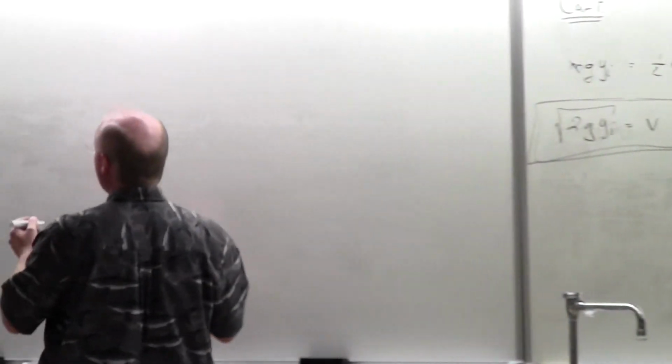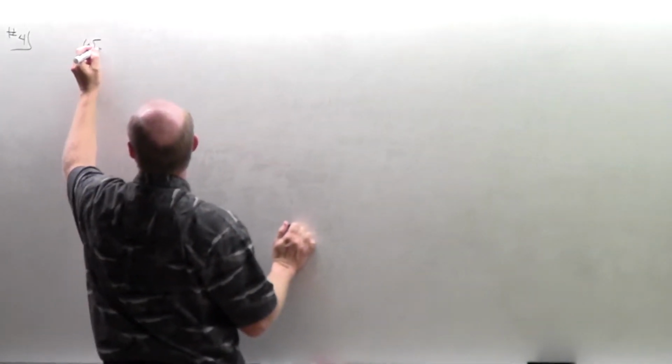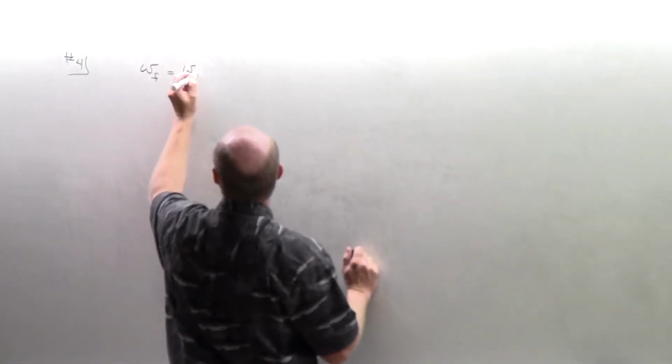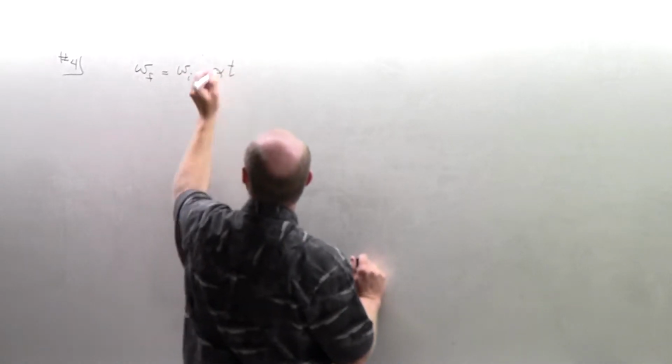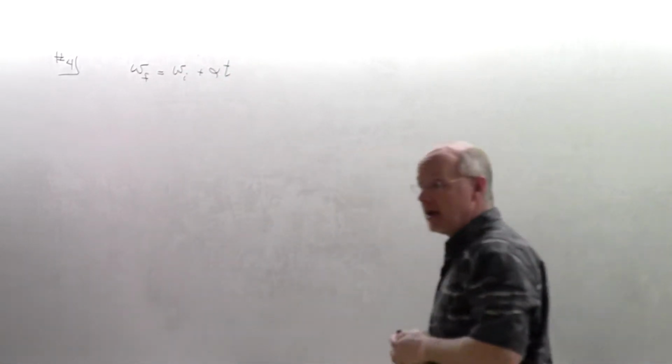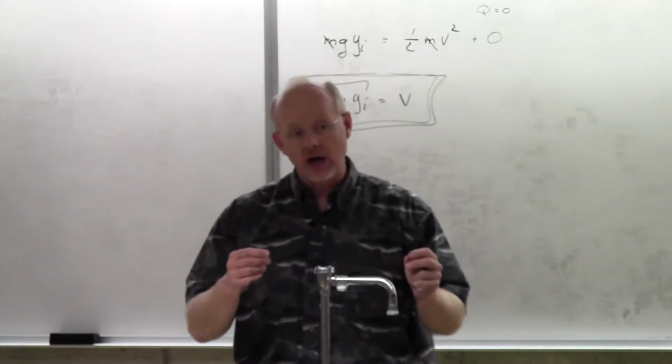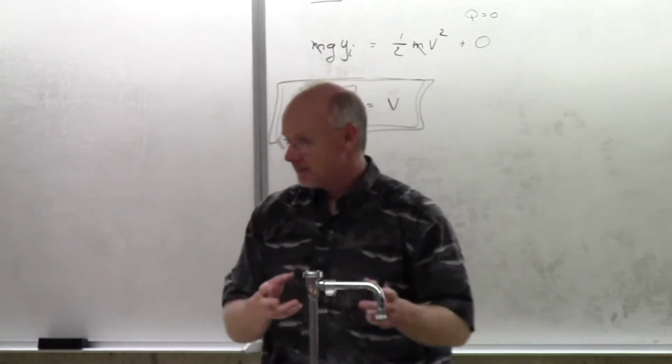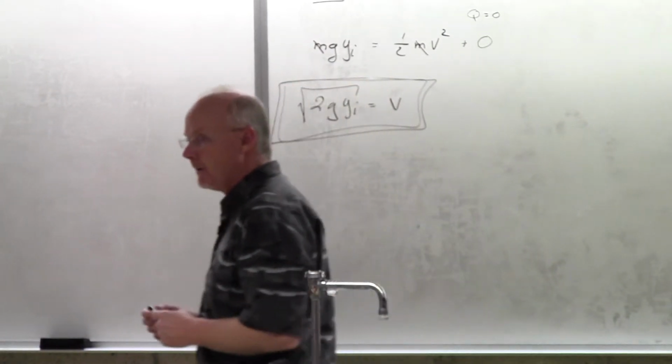Now I'll just put one on the board because I think the first one gives it away. Final angular speed is equal to initial angular speed plus the angular acceleration multiplied by time. Oh no, maybe that's not the one I want, because that one has time in it. Have they given me how much time it takes to come to a stop? No, they really gave me how much distance before it comes to a stop.